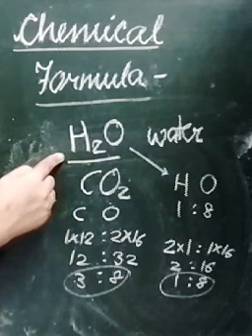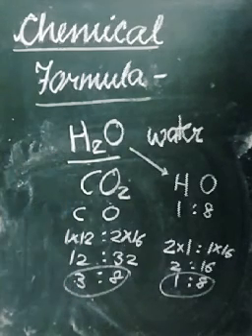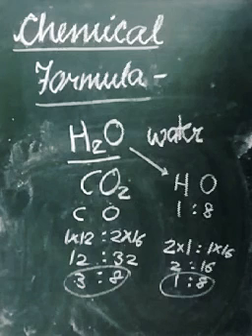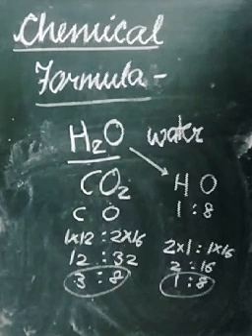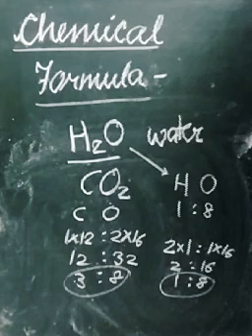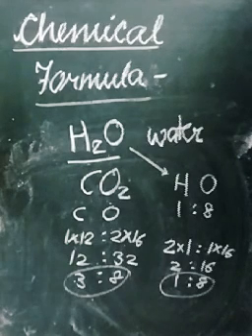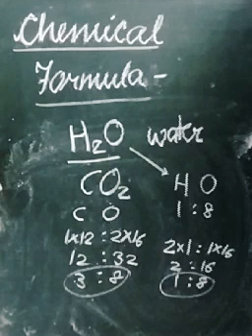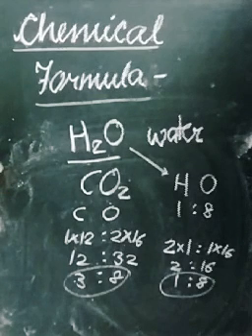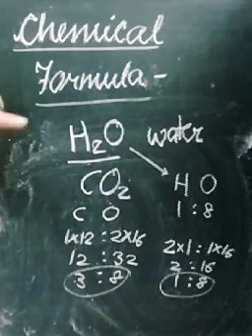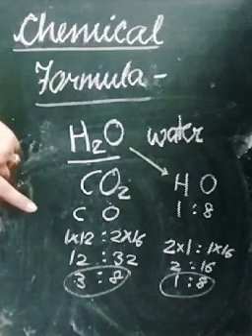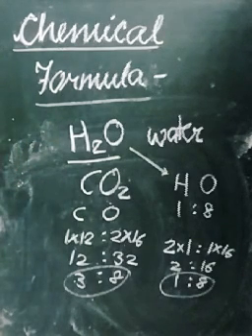So a chemical formula can be defined as a group of symbols of elements which represent one molecule of a compound and also show the chemical composition of that particular compound.